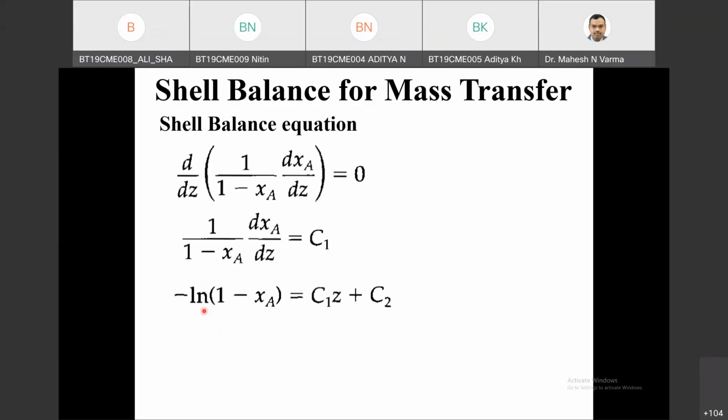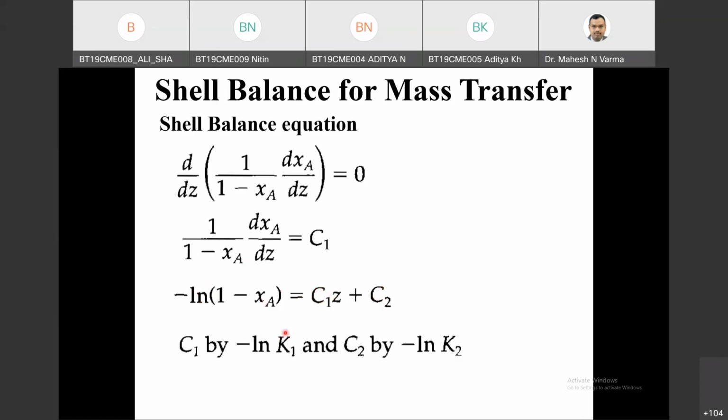Getting the values of c1 and c2 in terms of logarithmic terms will be difficult, so we can assume some logarithmic constants so that it can be easily estimated.